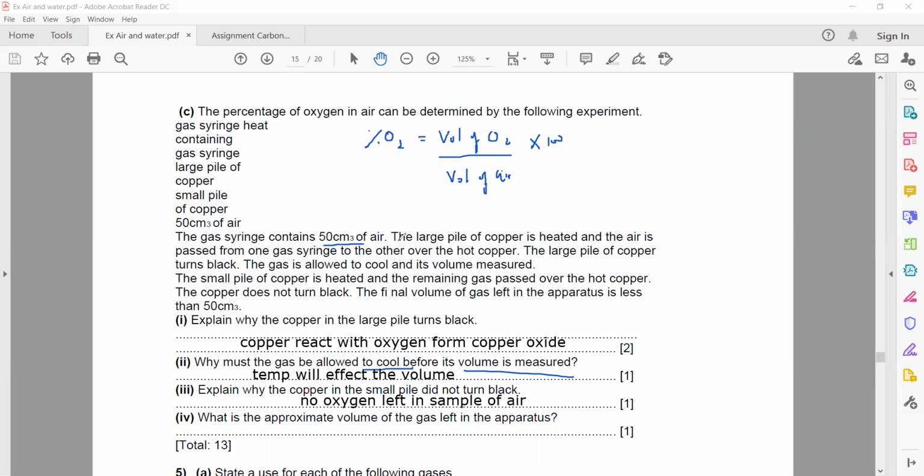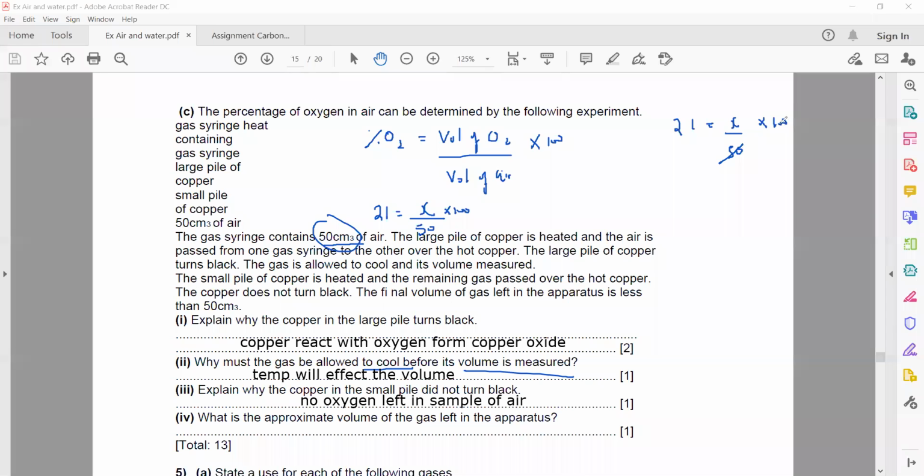So this will be 21. The volume of oxygen we don't know. What is the volume of air? The original volume of air is 50, multiplied by 100. So when I solve this, 21 equals x divided by 50 into 100.